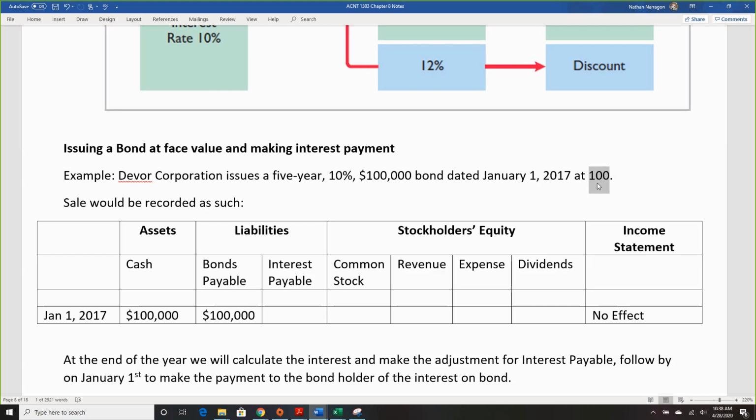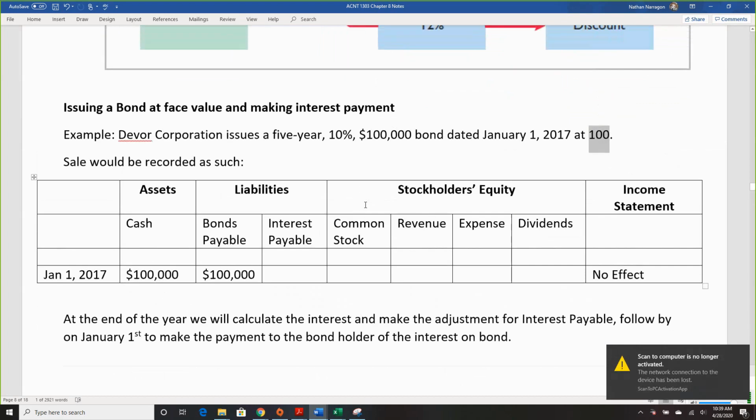It's higher than its face value. If it's below 100, like it's sold at 95, that's a discount. We'll get into those, but I just want y'all to keep an eye out for it. Okay? So again, this one's sold at par.